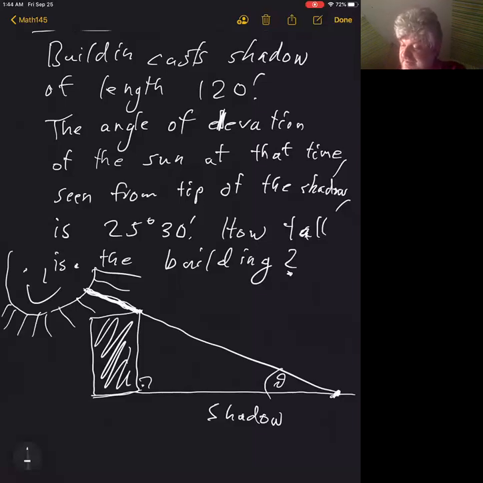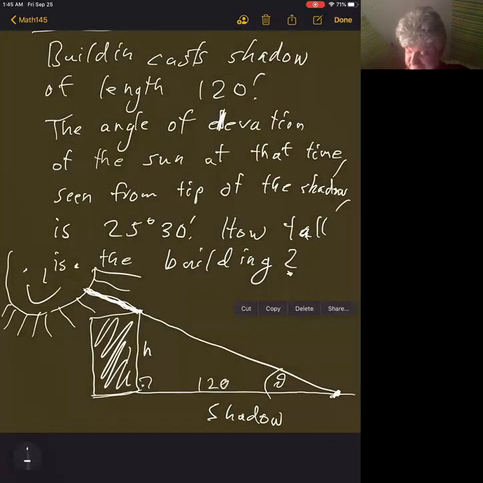So we are given the length of the shadow, that's 120 feet. And we are given this angle that I want to call theta. And what we are after, needs a one-letter name, is the height of the building, right here. Call it h.